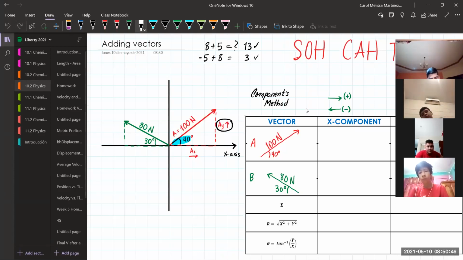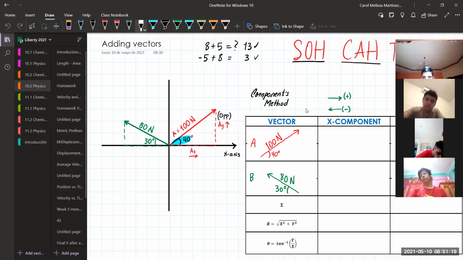My side AY, my component Y for that vector, is opposite to my angle. Now, which one between SO and CA uses the opposite side, from the definitions?